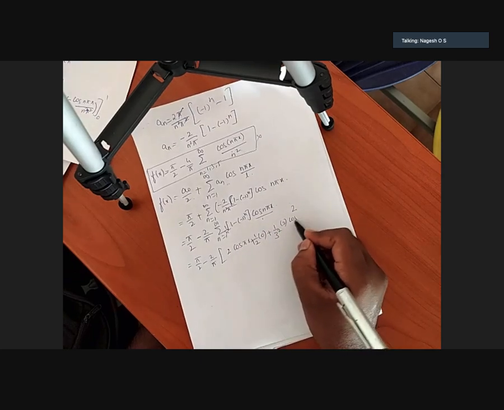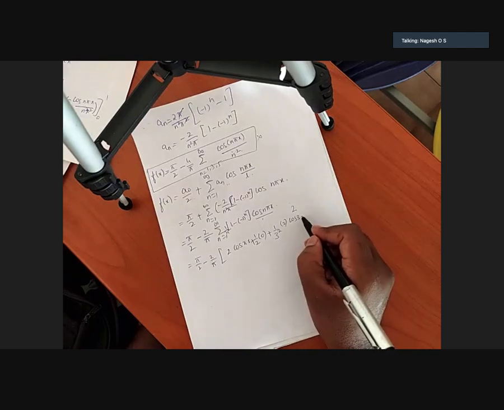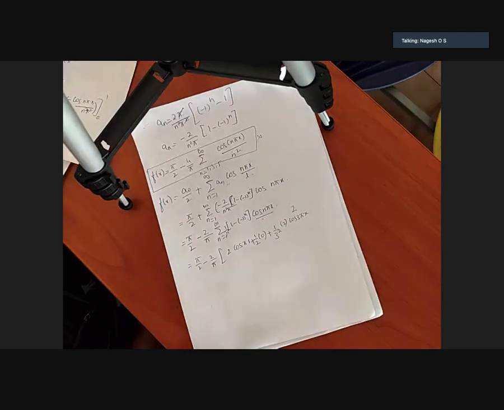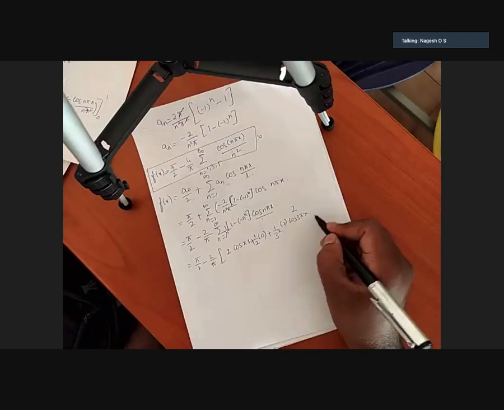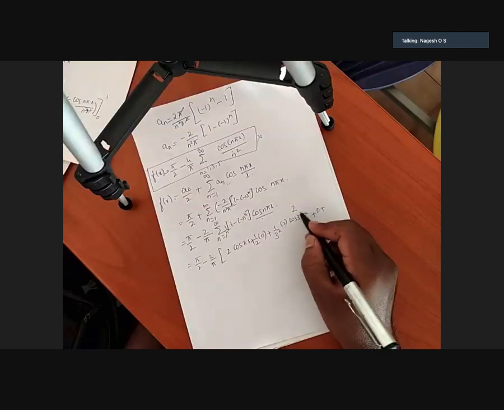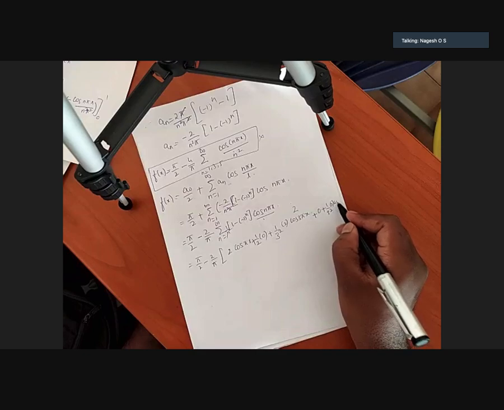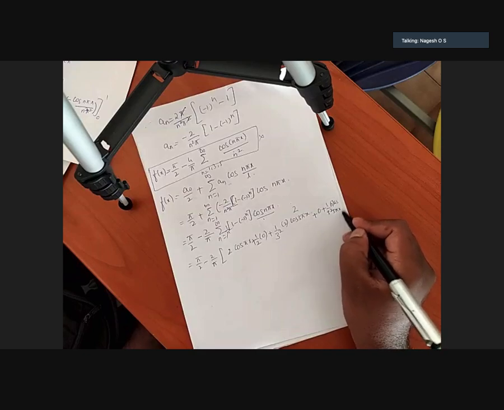2 into cos 3 pi x. Next, plus again it will become 0 for 4. Then 1 by 5 square, 2 into cos 5 pi x. It will continue.